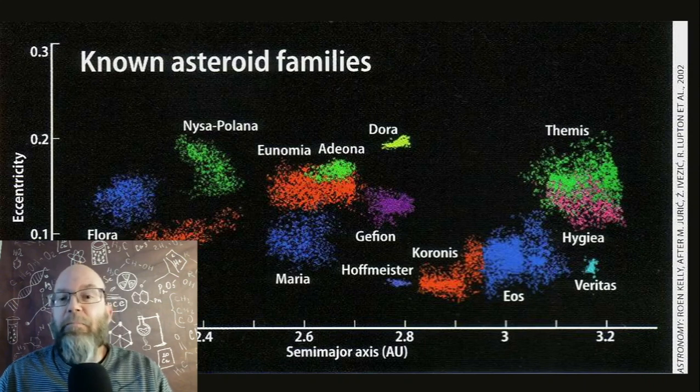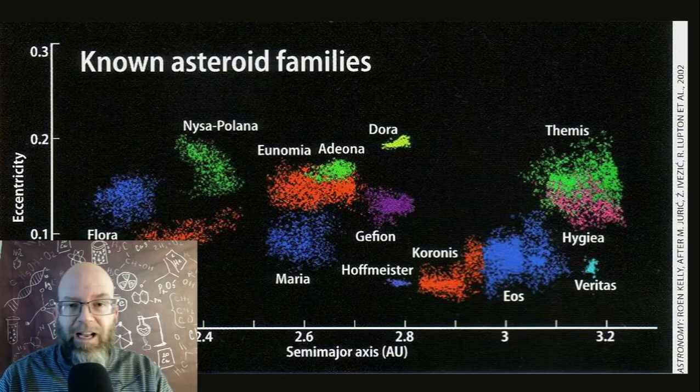The scale across the bottom there on the axis is the astronomical units, and 1 astronomical unit, in other words, between 2 and 3, would be 93 million miles. So the groups that you see here, the bunches of the different colors, represent lots of different objects which have been identified as all being probably part of the same family.